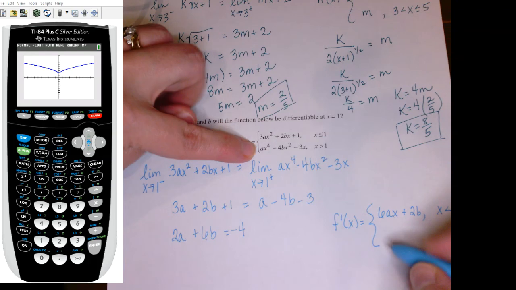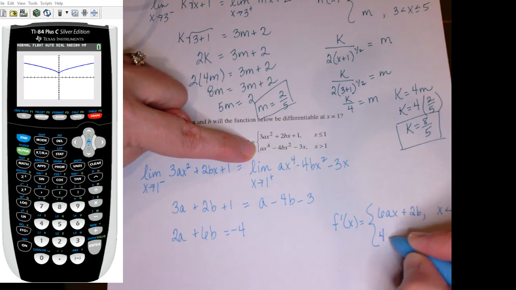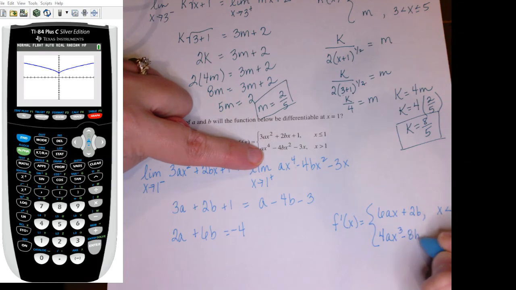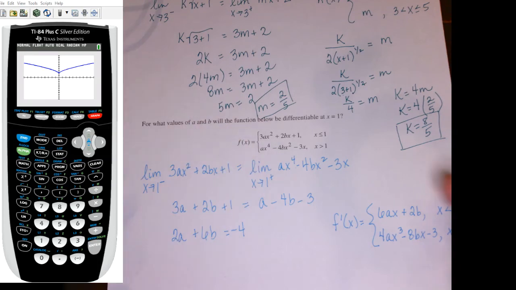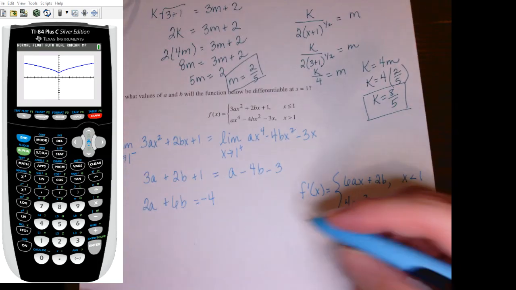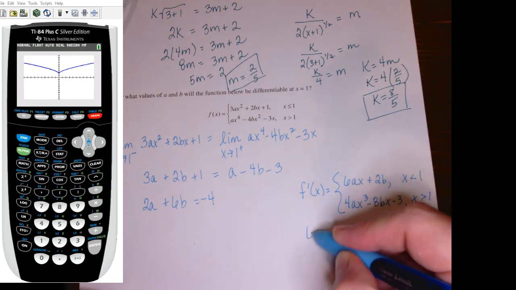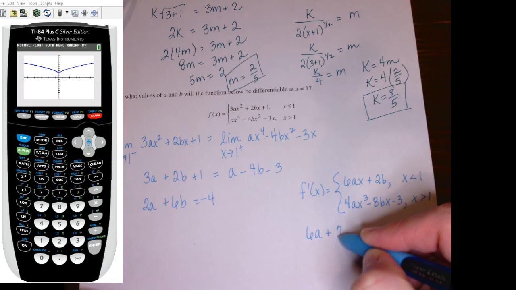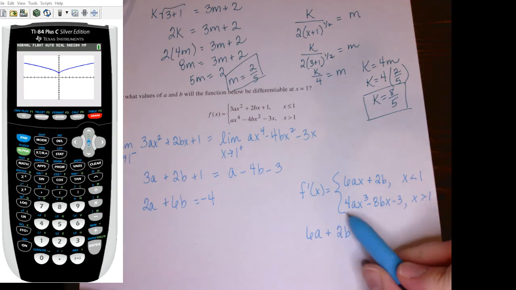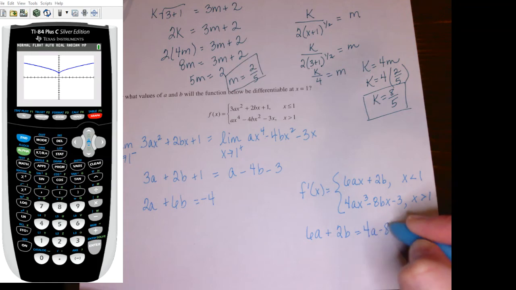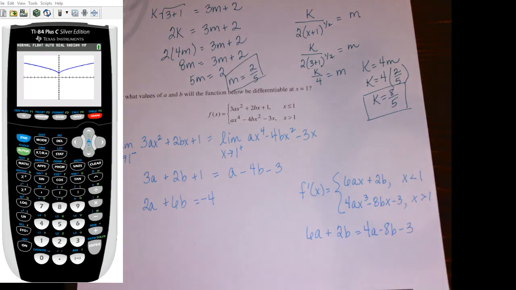And I know that this piece, the derivative would be 4ax to the third minus 8bx minus 3. And remember, these two pieces have to be equal to each other when x is 1. So when x is 1 on the first piece, I get 6a plus 2b. And when x is 1 in the second piece, I get 4a minus 8b minus 3.